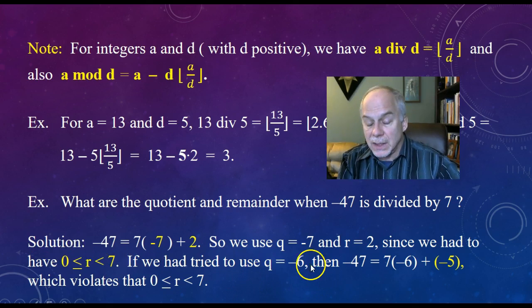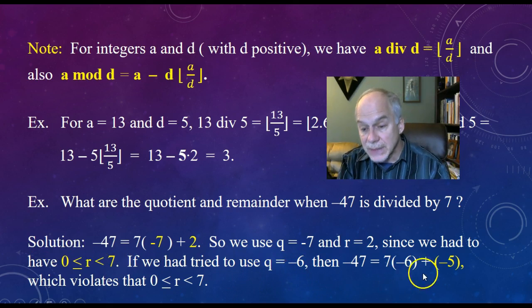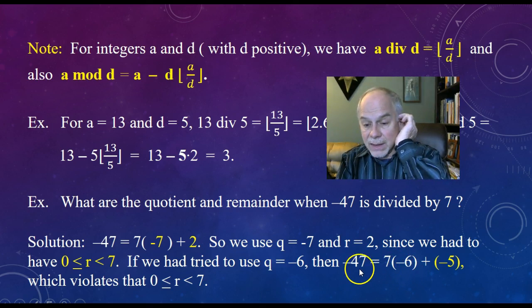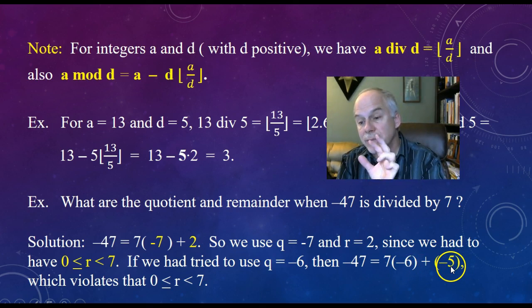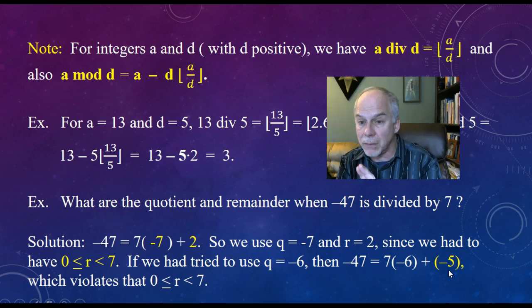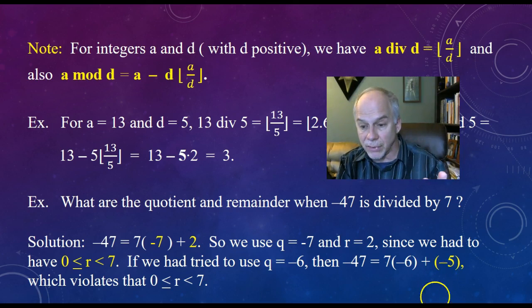Okay, if we had tried to use negative 6, then you'd have negative 47 equals 7 times negative 6, which is negative 42, which means you'd have to use a negative remainder. And it violates the division algorithm to have the remainder be negative.